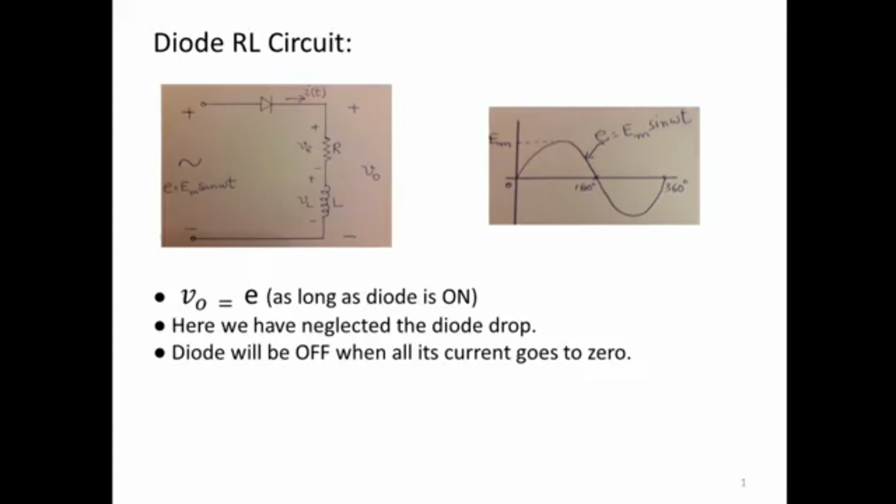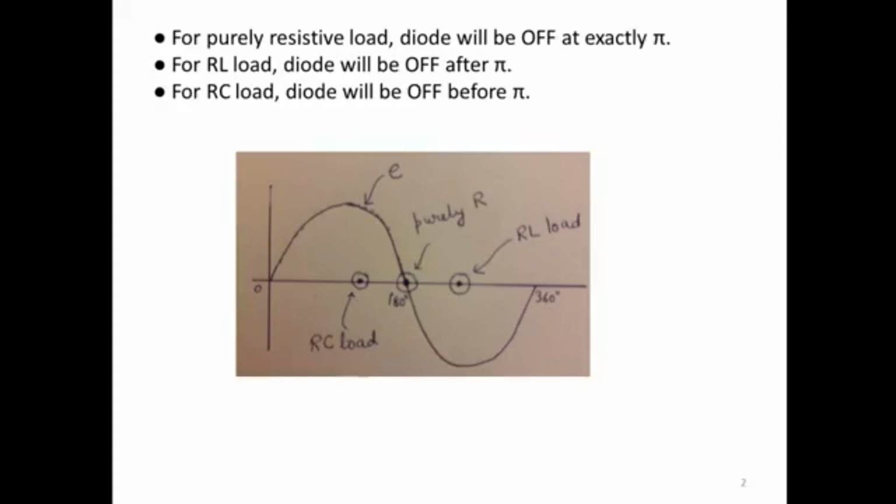What this means is, for example, as a first case, consider a purely resistive load. Consider that the diode is connected with resistance only. As you know, in a purely resistive circuit, voltage and current are in phase.